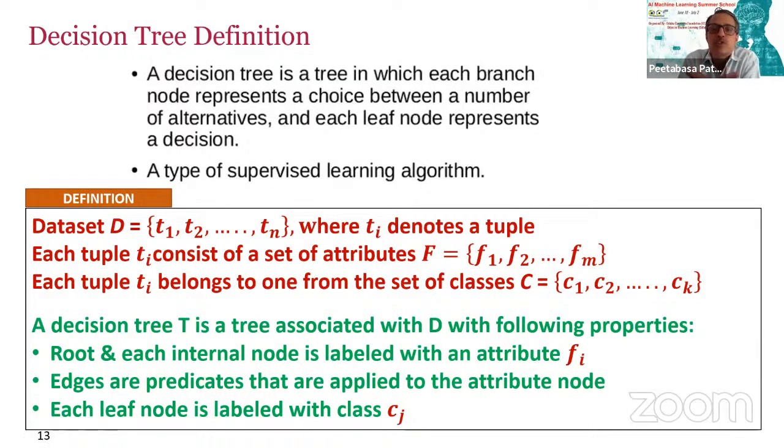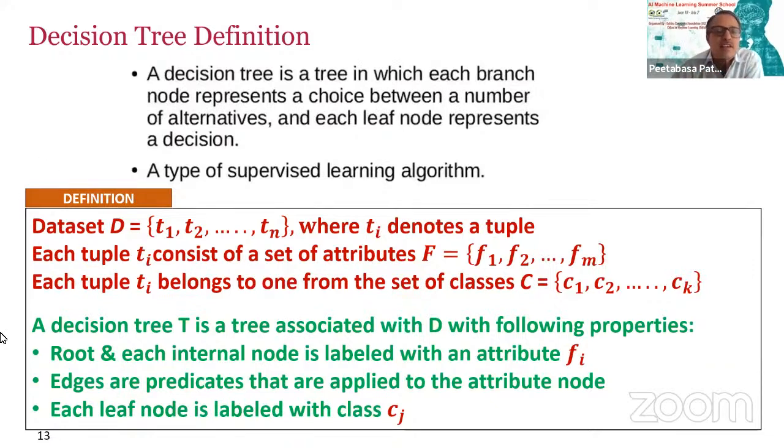You are in a position to say whether it is a boy or girl, a man or woman, a good student or not a good student, whether the student should pass or fail, or whether the person is likely to buy a computer or not, or, for a bank, whether the bank should give a loan. The decision is very clear. There is no ambiguity at a leaf. That's how a decision tree gets built. And it is of course a supervised learning paradigm.